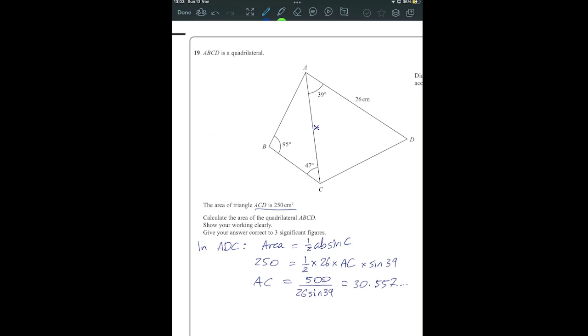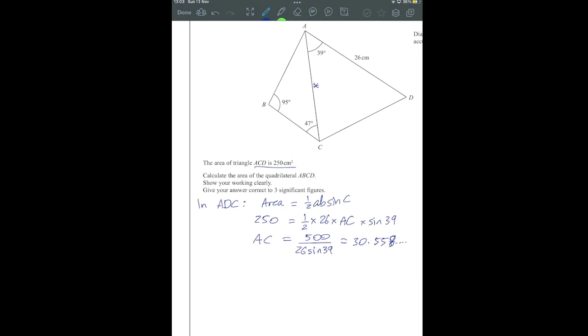And actually looking at it, I'm actually going to make this 558 because I have a couple of 9s after that in my calculator. So that's going to be a pretty good, highly unlikely to make a rounding error at that point. So now I have AC. The point of finding AC was to find another length in the triangle ABC. So I'm going to tell the examiner I'm looking at the triangle ABC. Now I have that pair, which means I can try and find that pair.